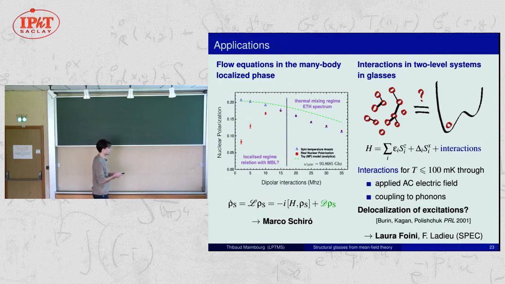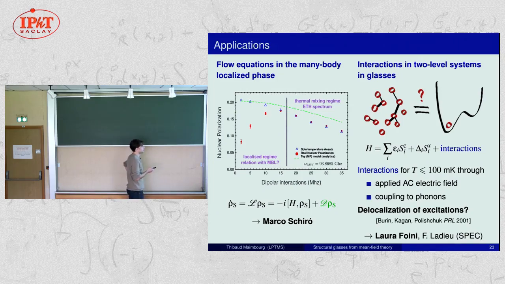There is a technique developed recently by Marco Schiro, where if you consider an isolated system, you can write flow equations that make your Hamiltonian flow to a Hamiltonian that becomes easier to diagonalize. Maybe we could think of applying this kind of technique to a more general driven-dissipative dynamics, which would be really nice to see larger systems.